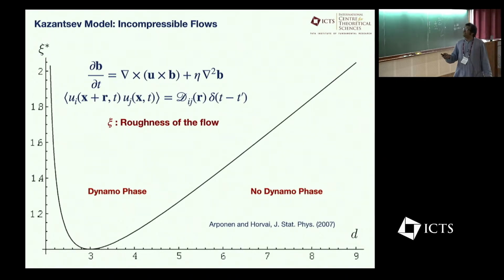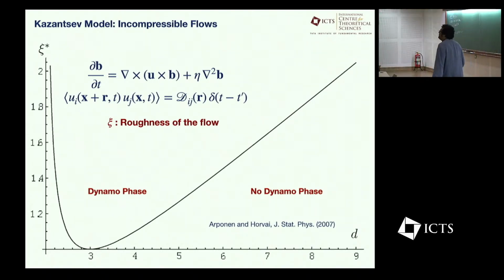And what they find is that the x-axis is the dimension, and the y-axis is the roughness or the regularity of the underlying flow. They find a dynamo phase in the phase diagram which has these boundaries. And the interesting thing, and perhaps that's useful for our world, is that in 3 dimensions you need very little regularity of the advecting flow to actually make things work.